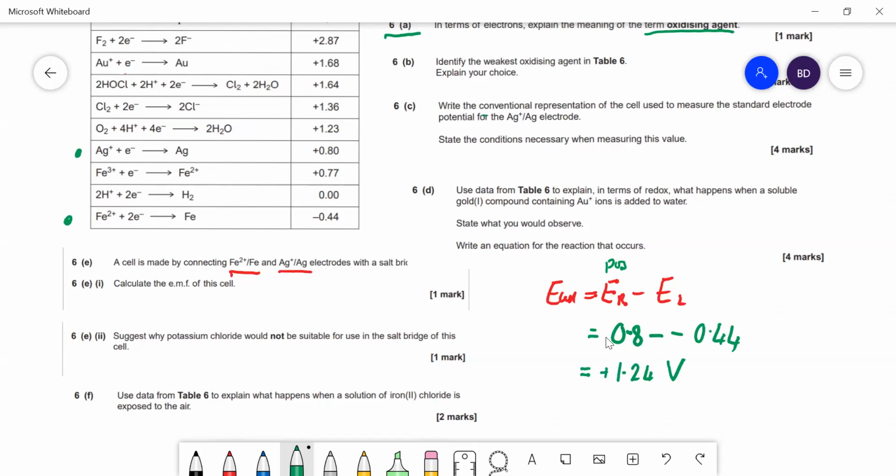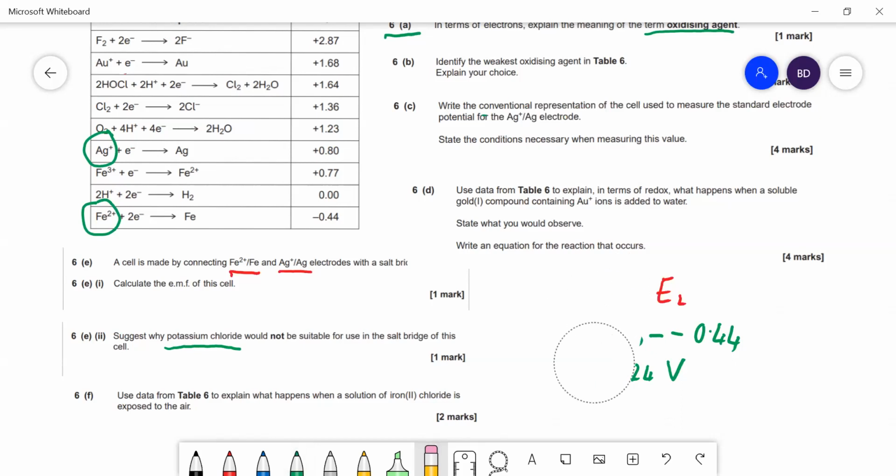Right. So this question: why would potassium chloride not be suitable for use in this salt bridge? Well, let's see what we've got here. We've got silver ions and Fe2 plus ions. Can you think, is there anything in potassium chloride that's going to react with either of those two? Well, you may remember your group 7 chemistry.